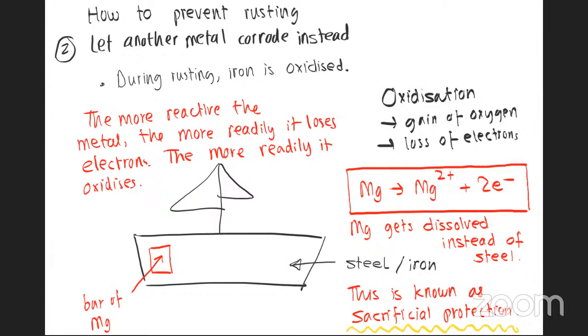And this is done by the process of sacrificial protection, where you place a more reactive metal on the surface of the less reactive metal so that the more reactive metal gets oxidized and therefore it dissolves instead of the less reactive metal. All right, so now I will give you some questions related to this.